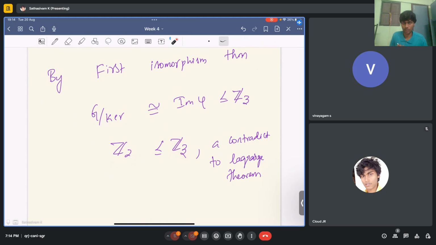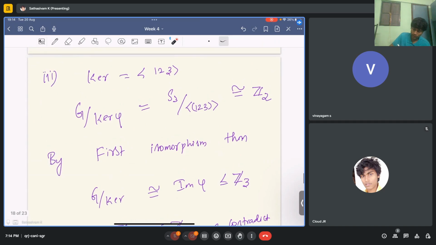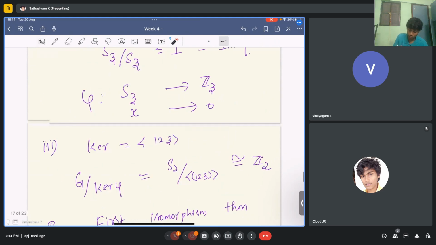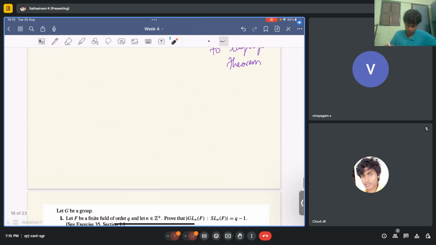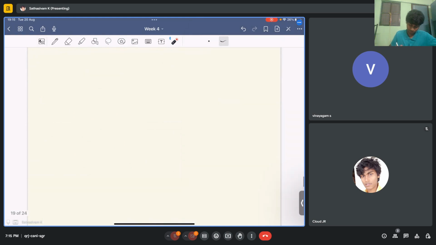The order property does not hold. So with this kernel, there is no homomorphism. The only homomorphism you get is the trivial one. Okay, so let's move on to another one.